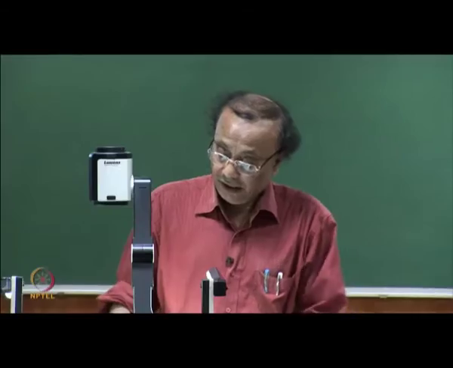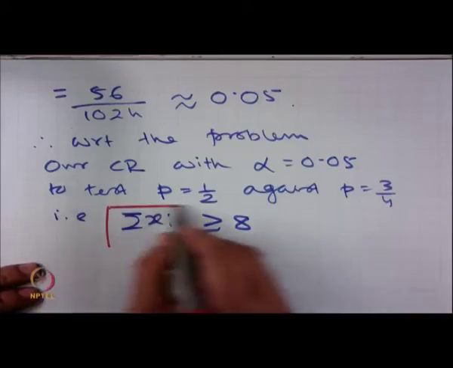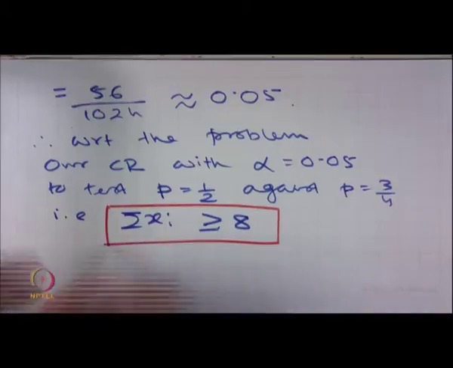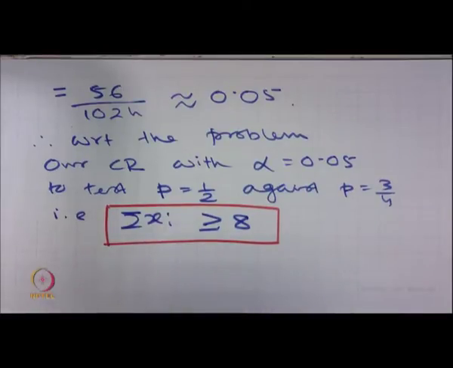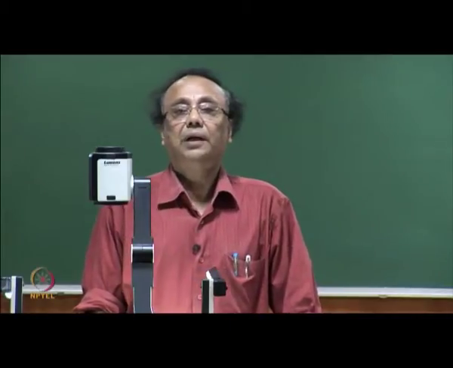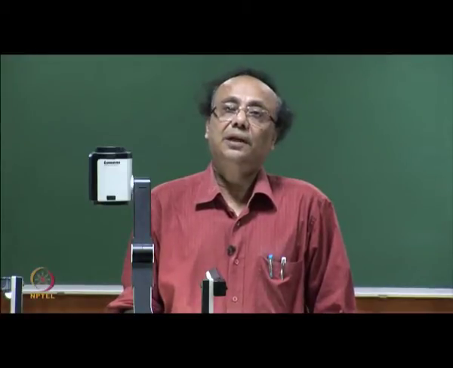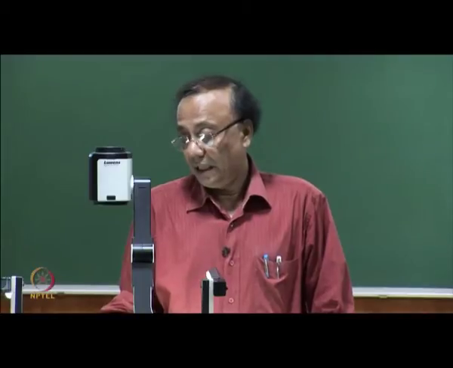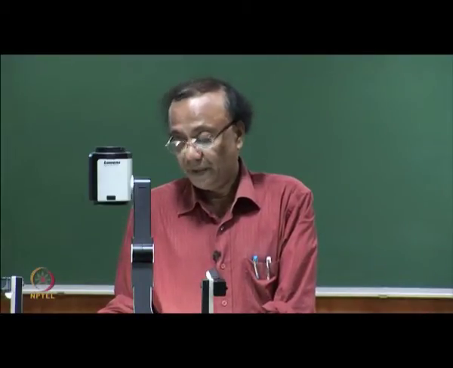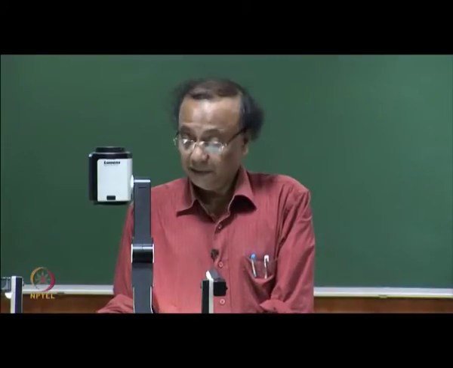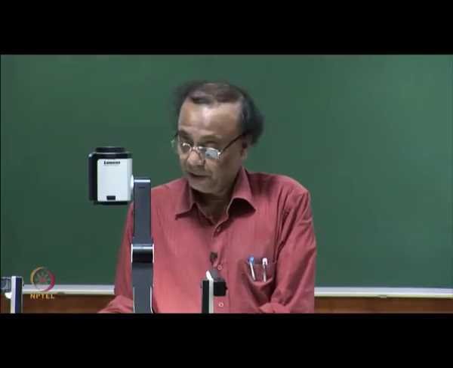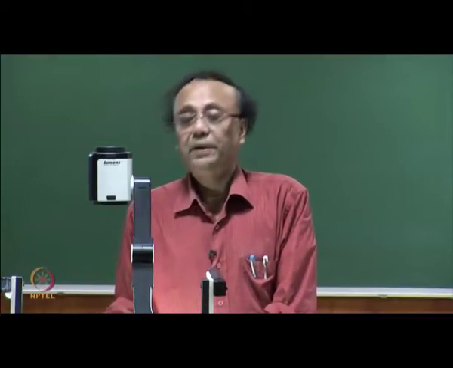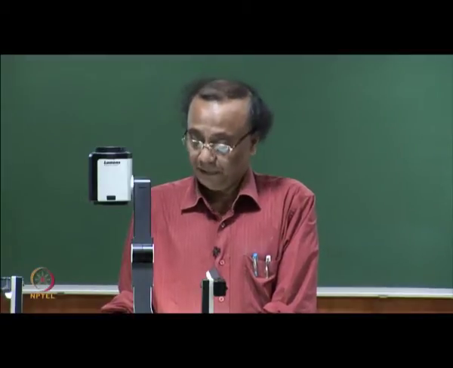That is, if the number of heads obtained is 8 or more, then we are going to reject the null hypothesis that the coin is unbiased. Otherwise, we are going to accept that this coin is unbiased when testing against p equal to 3/4.